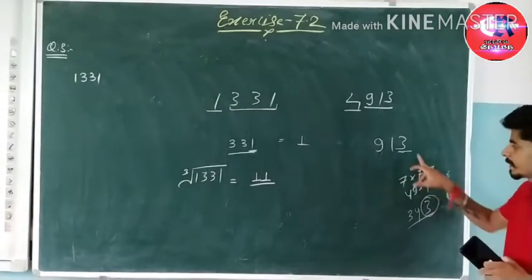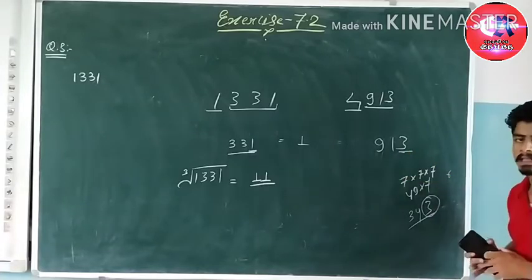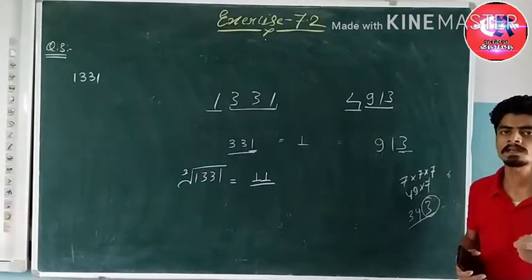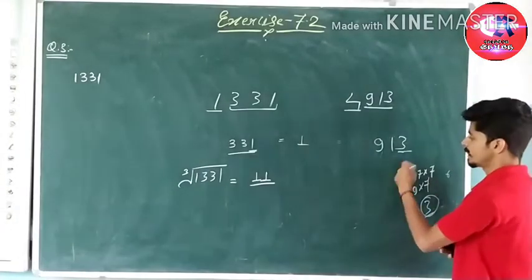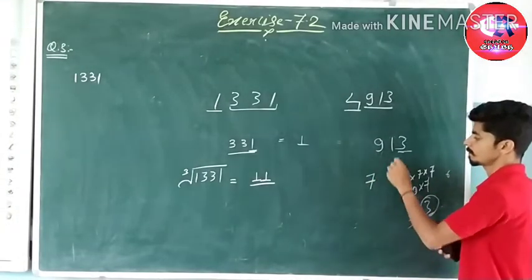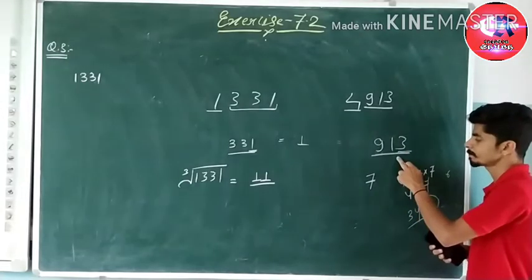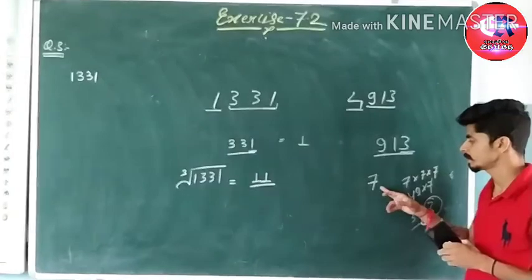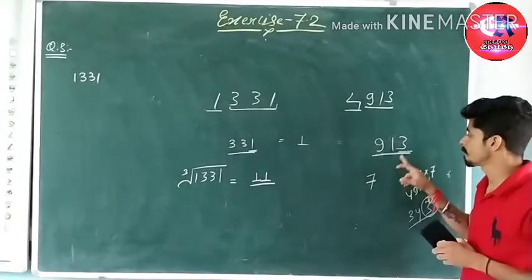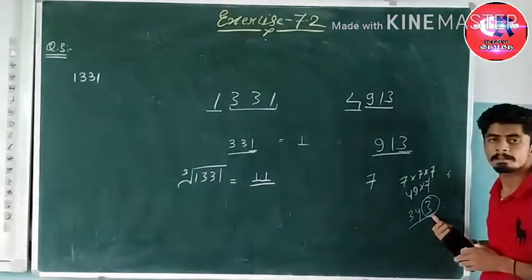Here we get 3 and here is also 3. That means there is only one number whose cube ends in 3, and that is 7. So we get 7. The unit place of the cube of 7 has 3 at its unit place.